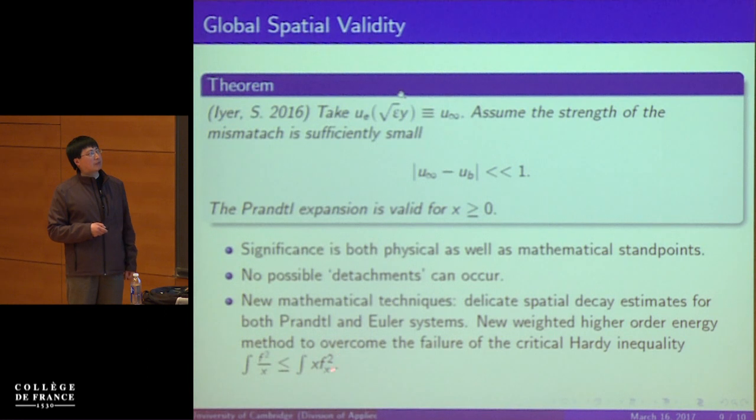So exactly we get something like this, but this cannot control this. This is exactly the critical Hardy. This is not true. This is false. But unfortunately, we would love to have such an estimate to closely estimate.